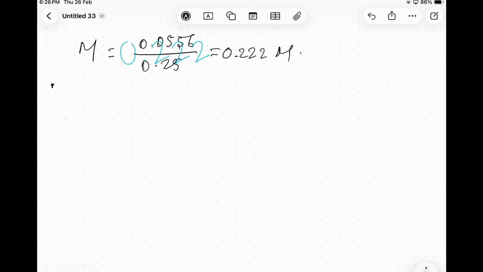Now come to molality. This term is expressed by small m.